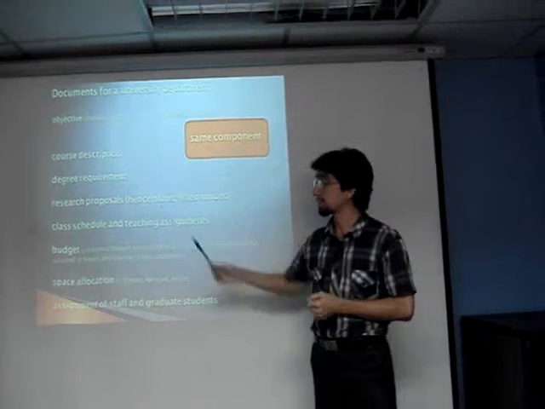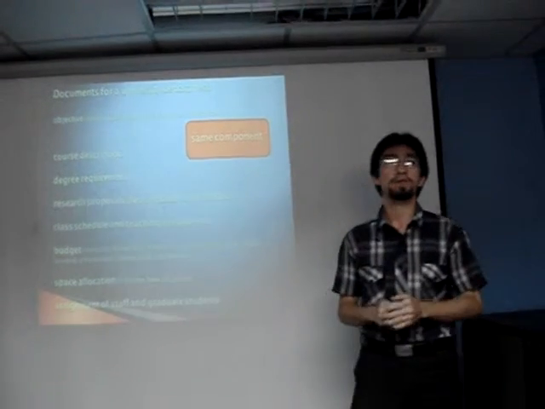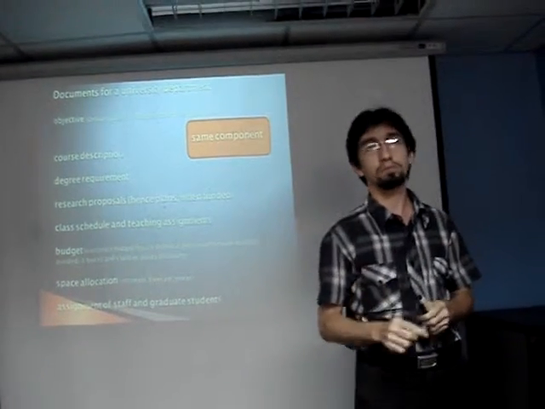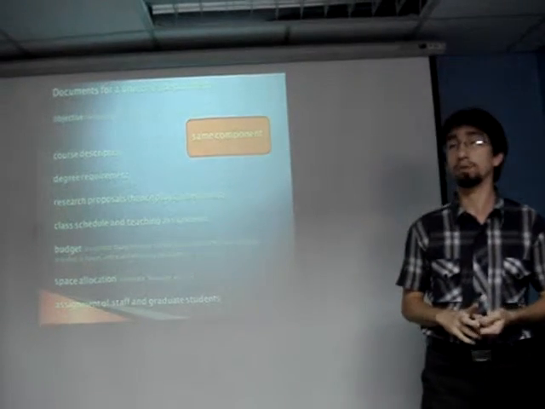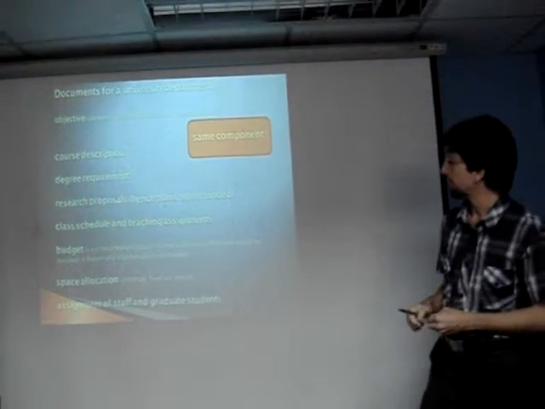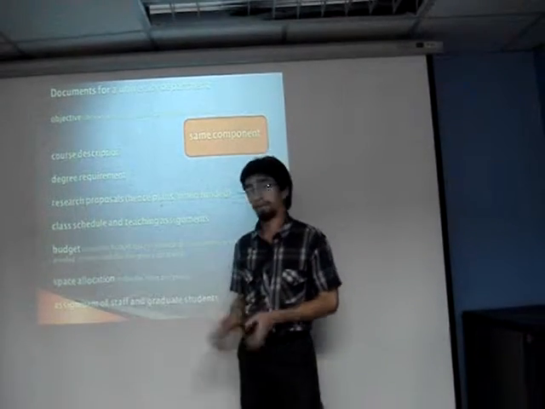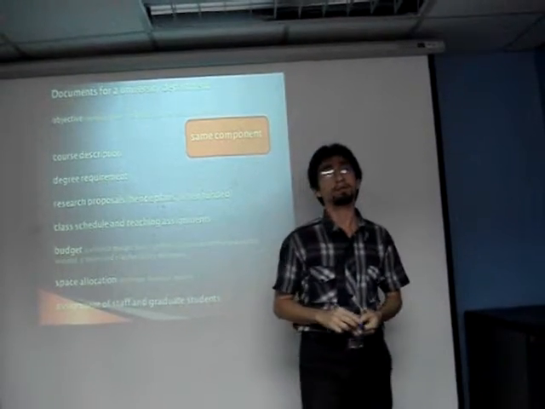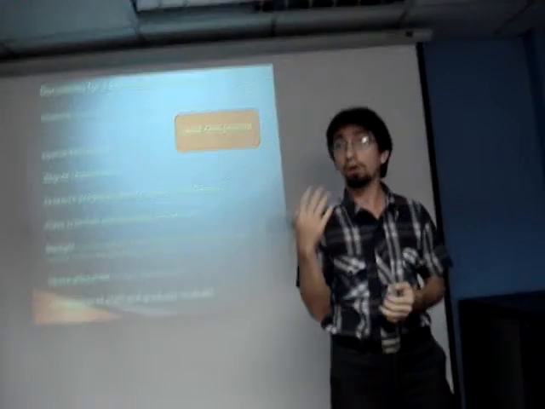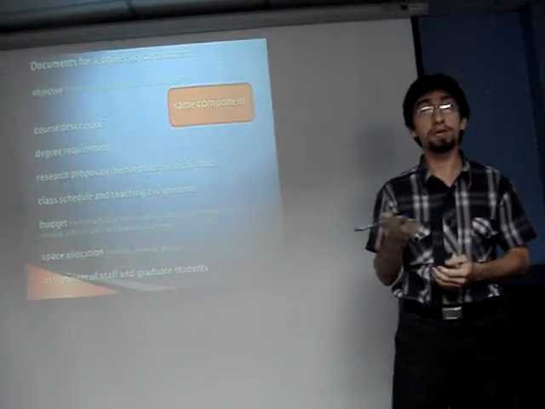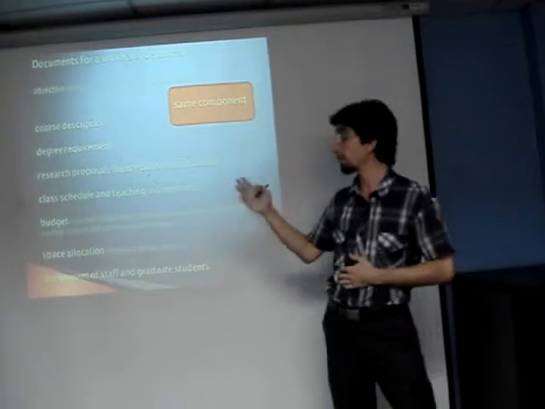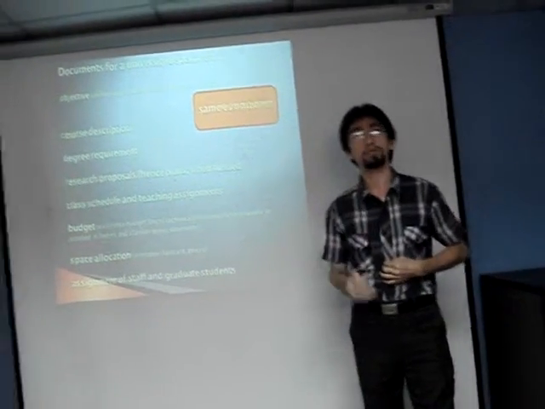Another component is the budget. As my friend Reza said, budget is one of the most important things in the documentation of the project. As you know, if we have enough budget, we can do all the things, or maybe extra things. But if we don't have sufficient budget, we have some problems in our project.